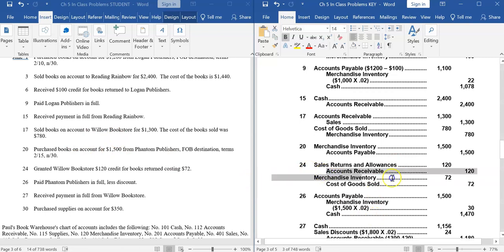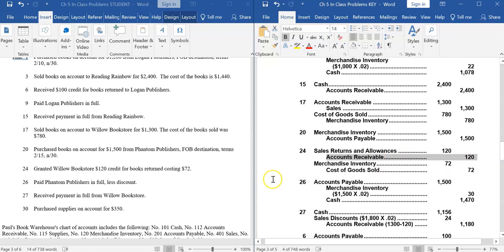However, we decreased the amount that was owed by $120 when they returned some of the inventory. So when they pay us, the amount that they have to pay is the $1,300 owed less the $120 credit. They have a receivable being paid off of $1,180.